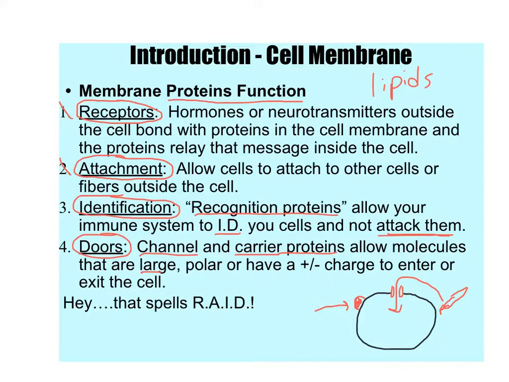Glucose is also polar, just like water. Remember, water is polar. And ions, which have a positive or negative charge, all of those things require some sort of door or channel to let them in, because they cannot get through the cell membrane. They need a door, and that is another thing that proteins do for cells.